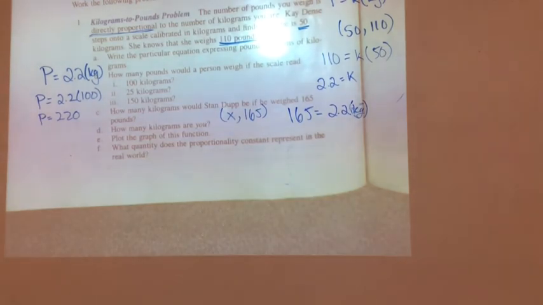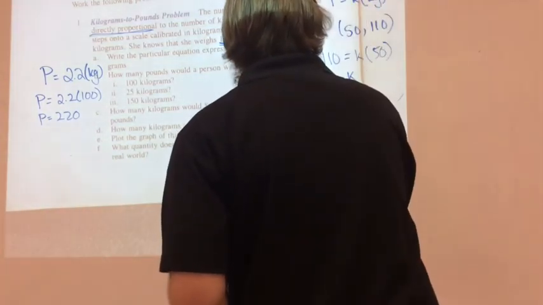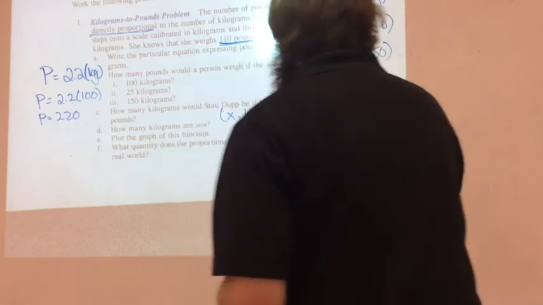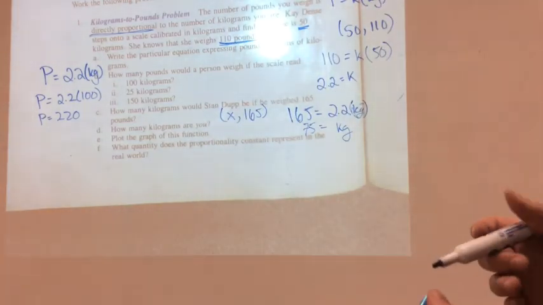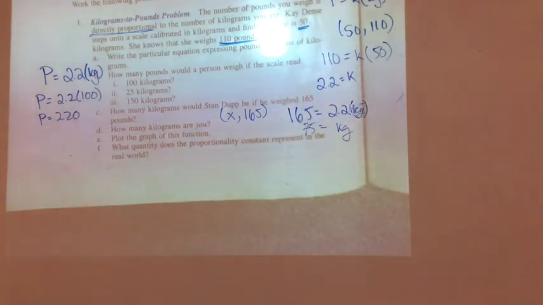Let me pull out my calculator. 165 divided by 2.2 equals 75 equals kilograms. So Stan would be about 75 kilograms by my calculations. How many kilograms are you? You guys can do that at home for a little extra practice.